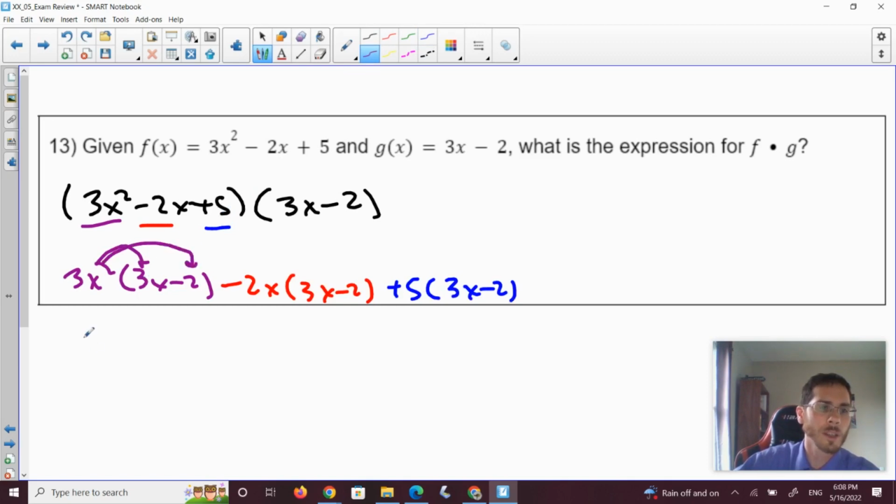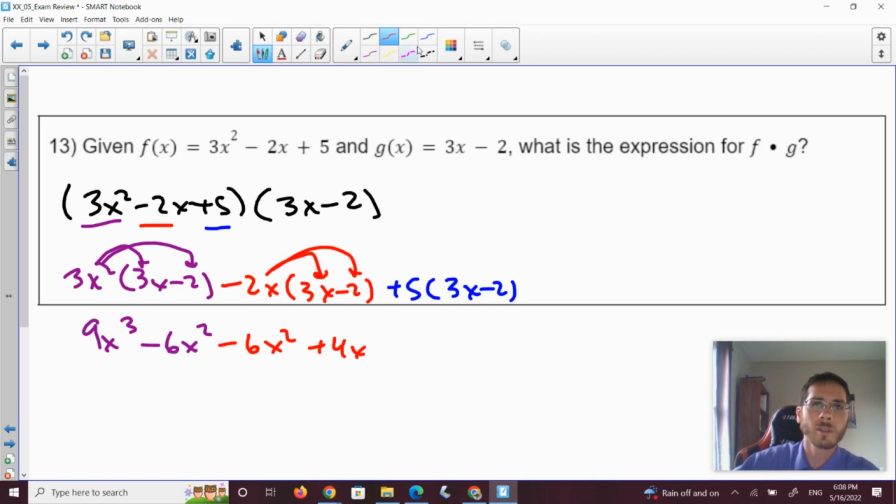So 3x squared times 3x is 9x to the third. 3x squared times negative 2 is minus 6x squared. Negative 2x times 3x is minus 6x squared. Negative 2x times negative 2 is plus 4x. 5 times 3x is 15x. 5 times negative 2 is minus 10.